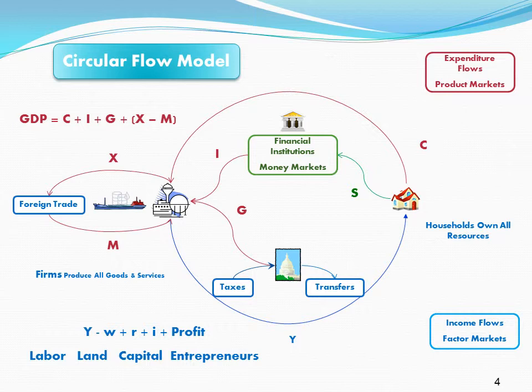So commit this to memory, and we're going to use it continuously. As we talk about this in later lectures, I'm going to assume that you have this picture in your head and that I don't have to continually re-diagram it. Alright, so here's the circular flow model, our home base in our game.